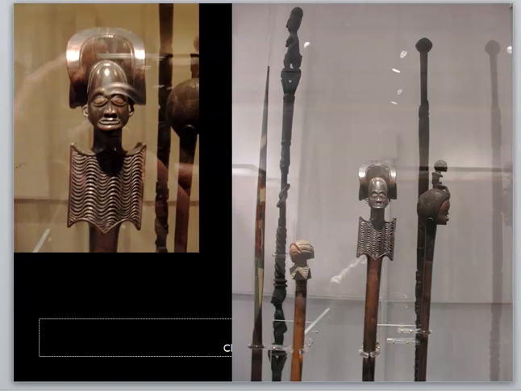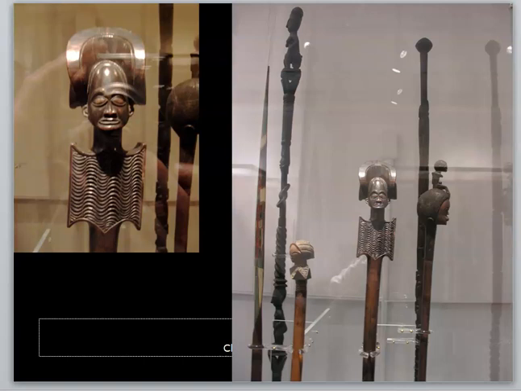Okay, this is an additional Chokwe piece, and it is a staff that would have been held by a ruler. It has the same kind of headdress and the same kind of composure, same kind of swelling forms, and the idea of conveying strength and energy. Again, conveying the power of a chief, and this would have been, I'm going to say, kind of an authority symbol.